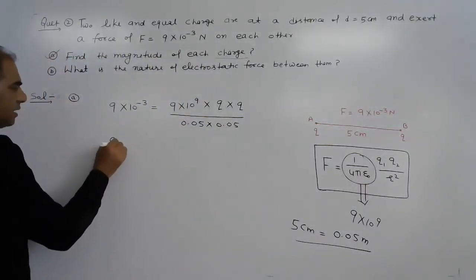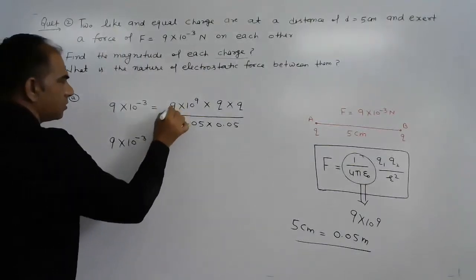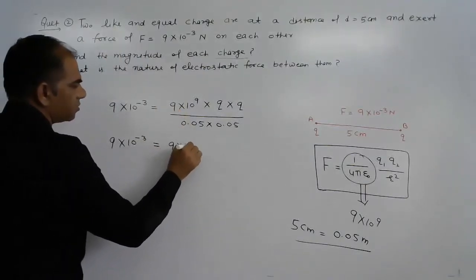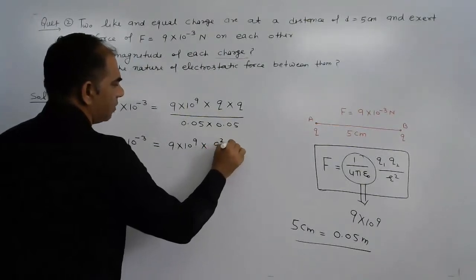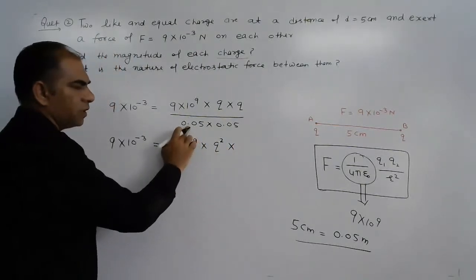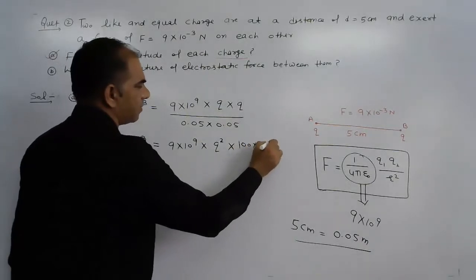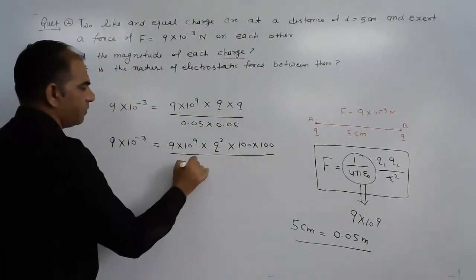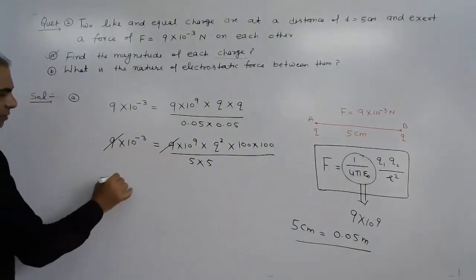Then we solve: 9 into 10 raised to power minus 3 is equal to 9 into 10 raised to power 9 into Q square into, we remove the decimal point and write here 100 into 100 divided by 5 into 5. Then 9 cancels 9.